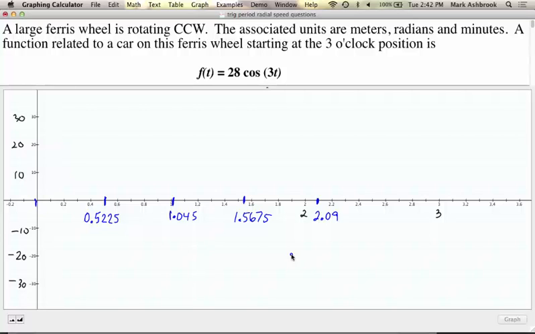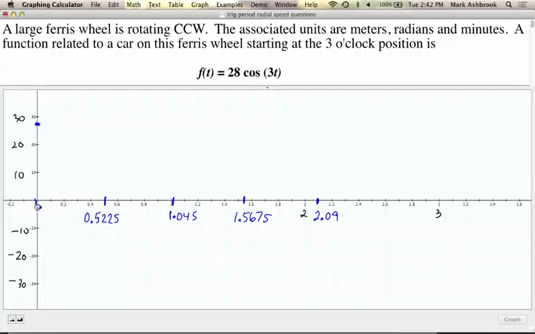And then at a time of 0, what will the horizontal position to the right of the vertical diameter be, in meters? 28. We know it's at the 3 o'clock position, so it will be at 28.